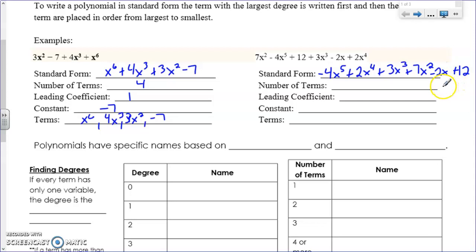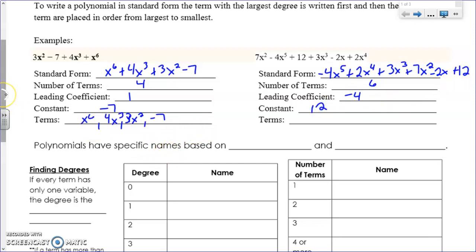Does everybody understand that? Anyone have a question? So there's 1, 2, 3, 4, 5, 6 terms. What's the leading coefficient here? Negative 4. Negative 4, and the constant is? 12, the number without the variable.